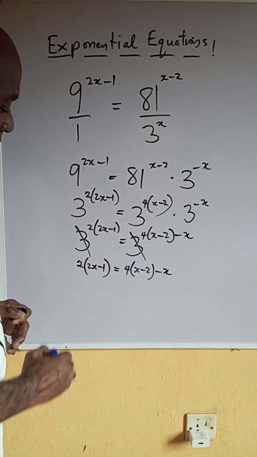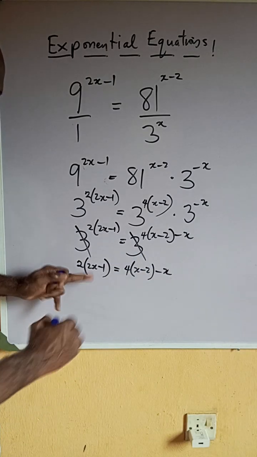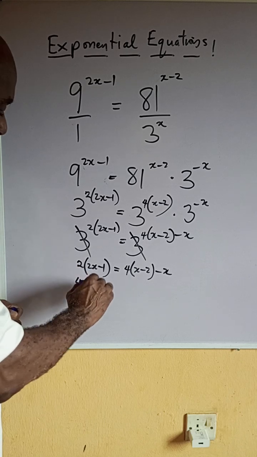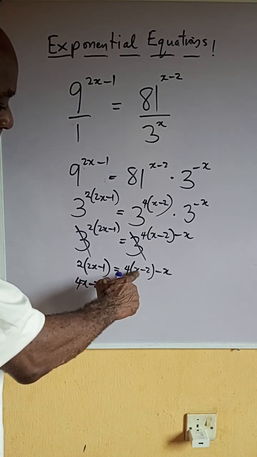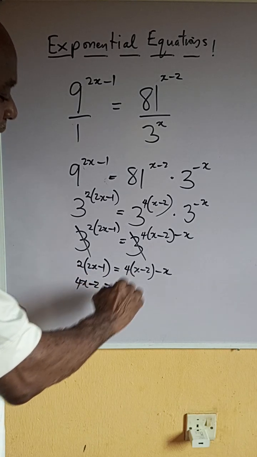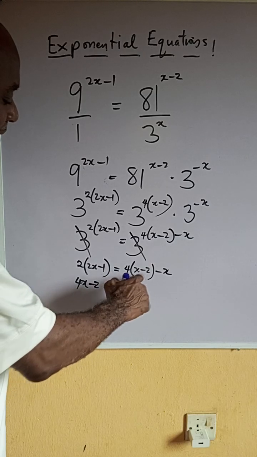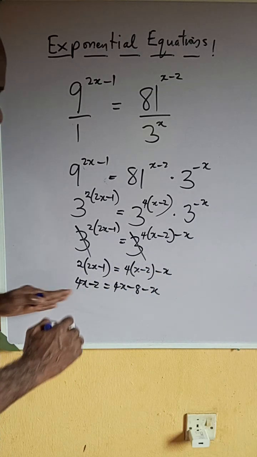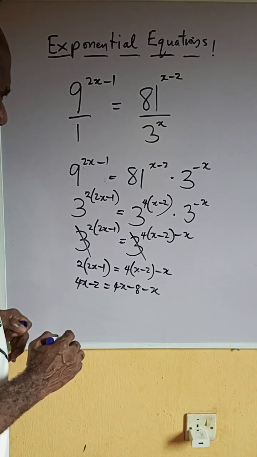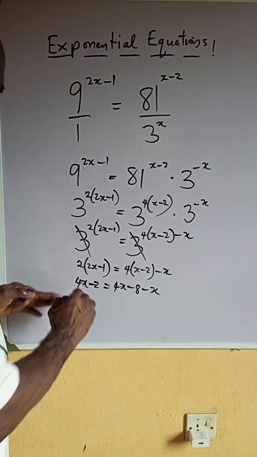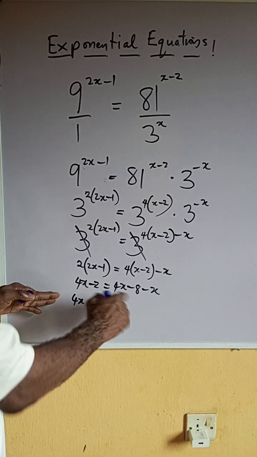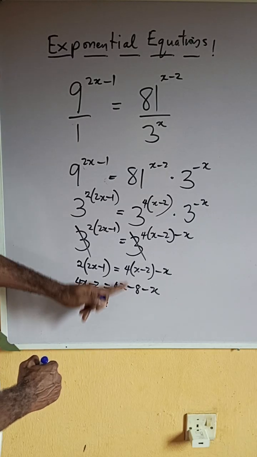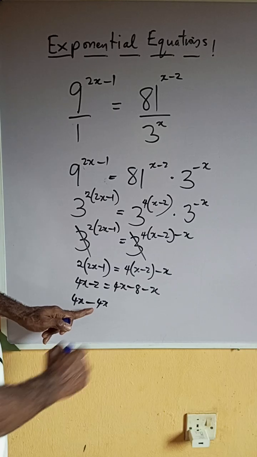Now we shall open brackets. 2 multiplied by 2x will give us 4x. 2 multiplied by minus 1 will give us minus 2, is equal to 4 multiplied by x, which will give us 4x. 4 multiplied by minus x will give us minus 8 minus x. At this point, we shall collect our like terms. We have 4x minus 4x. Remember, plus 4x crossing over becomes minus.